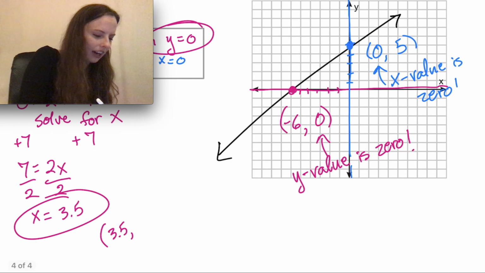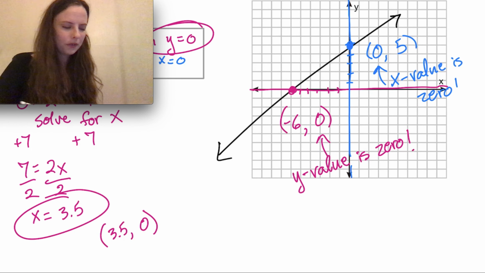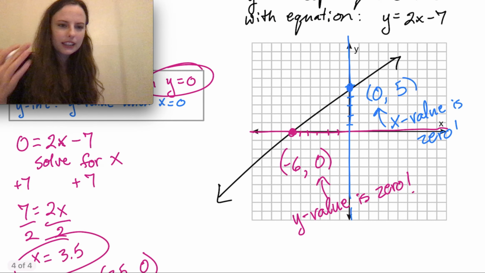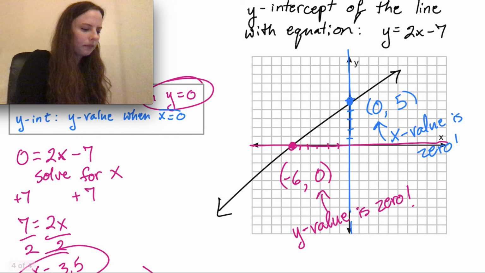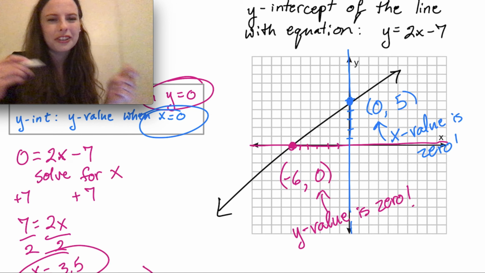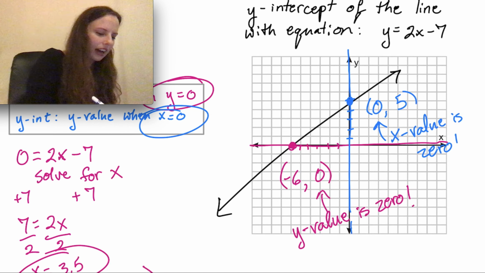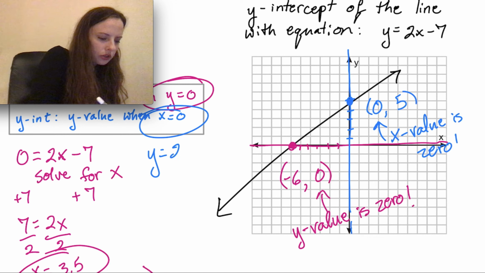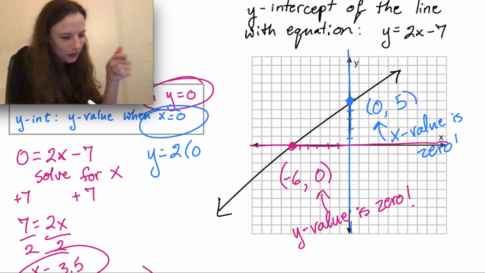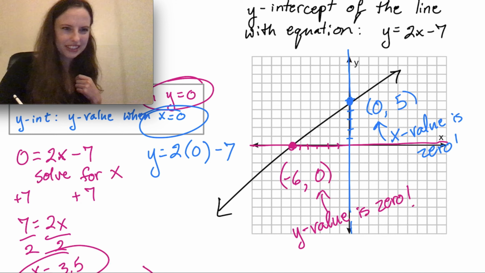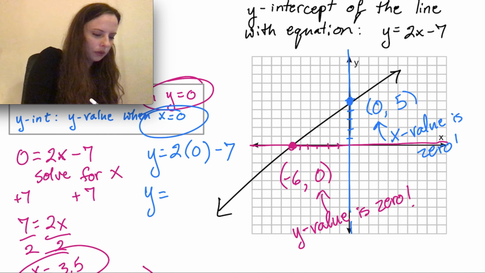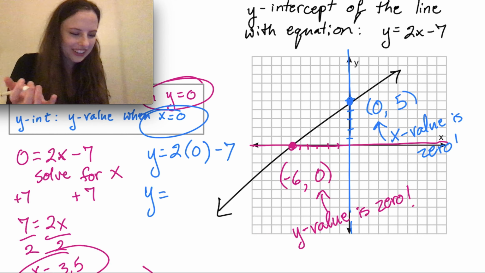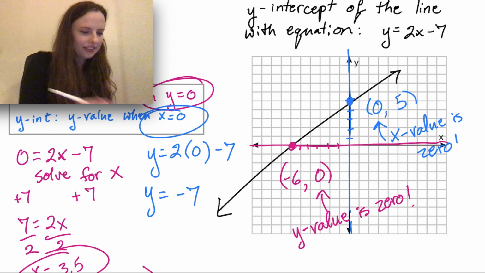So 3.5, 0. And then we can do the same thing again to solve for the y-intercept. This time, we'll plug in 0 for x. So we have y equals 2 times 0 minus 7. Solving this, 2 times 0 is just 0, so y equals negative 7.